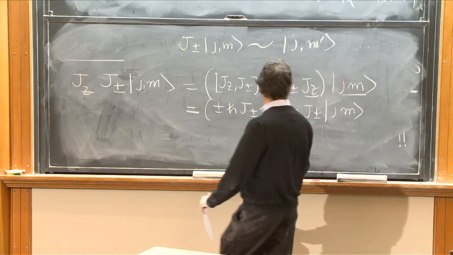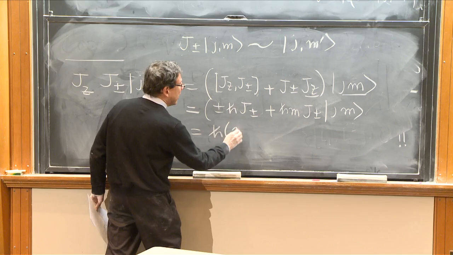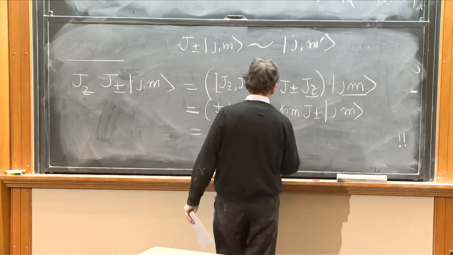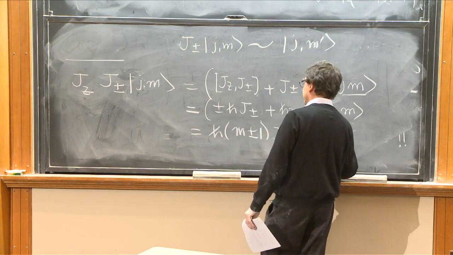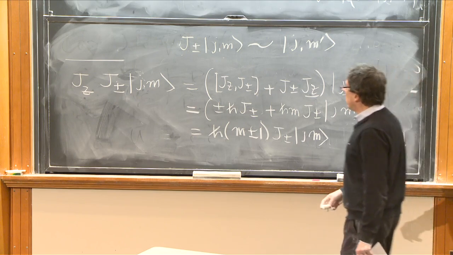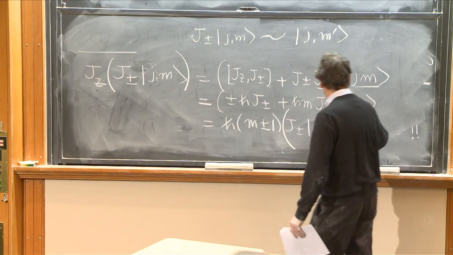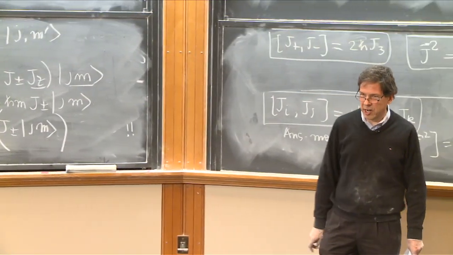So we can get the J plus minus out, and this is h bar m plus minus 1 J plus minus Jm. So look what you got. Jz acting on this state is h bar m plus minus 1 times the state.